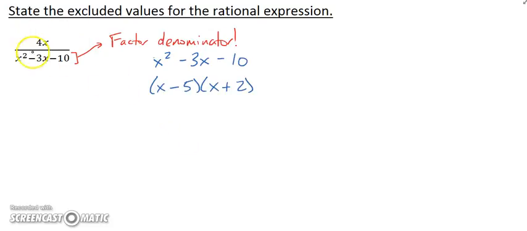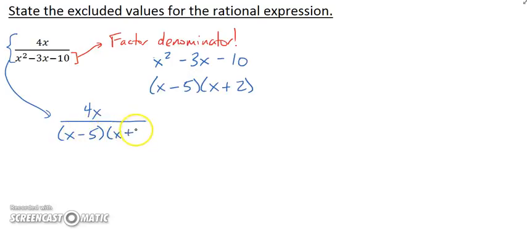So here's the thing. What this expression really is, another equivalent form, is 4x divided by x minus 5 times x plus 2. And what I really see now is that there are two ways that I could get 0 on bottom.